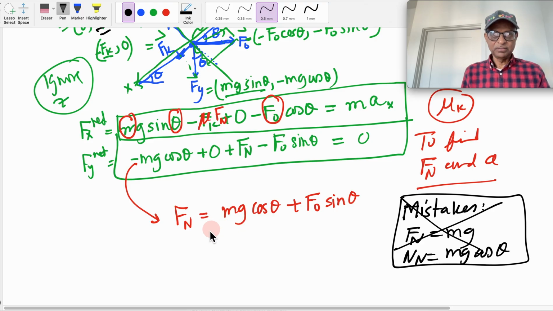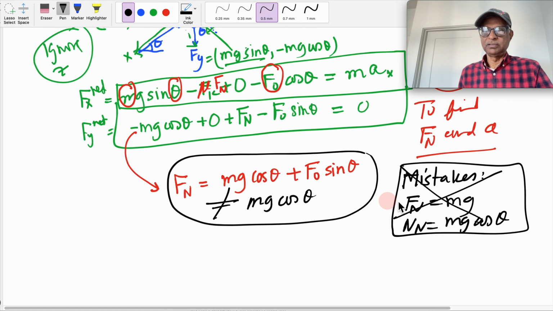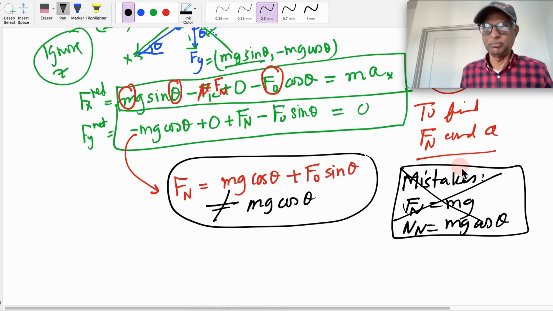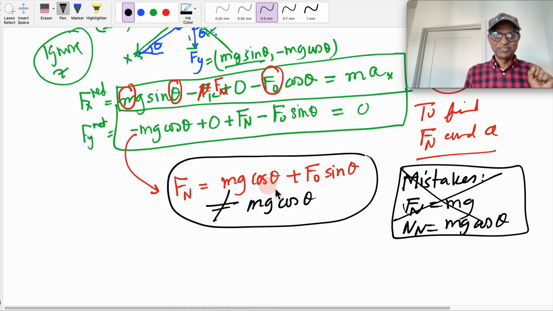Fn is definitely not mg cosine theta here. This is why I picked this example, to illustrate that these kinds of mistakes are very common. People just memorize this formula because they solved some problem, and bingo, they got caught in a physics professor's net, you know.